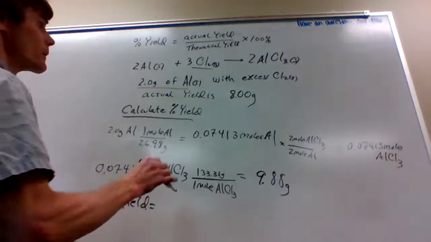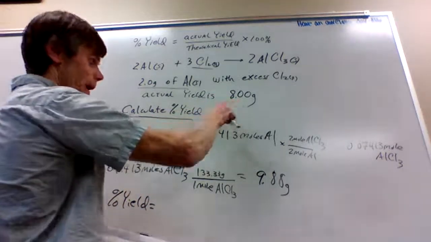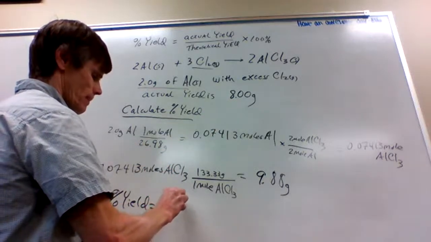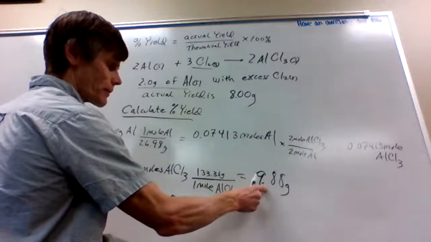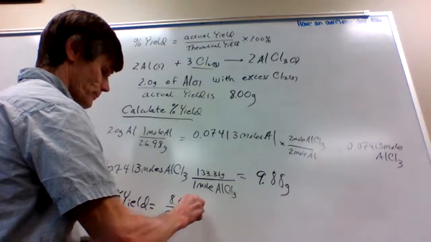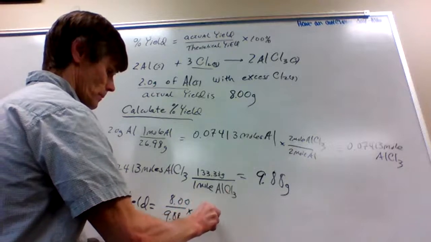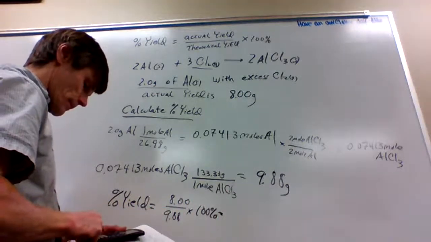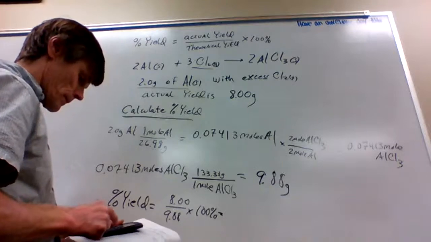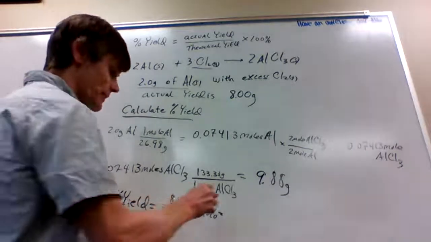The percent yield is our actual yield, 8 grams, divided by our theoretical yield, and I got 80.97%.